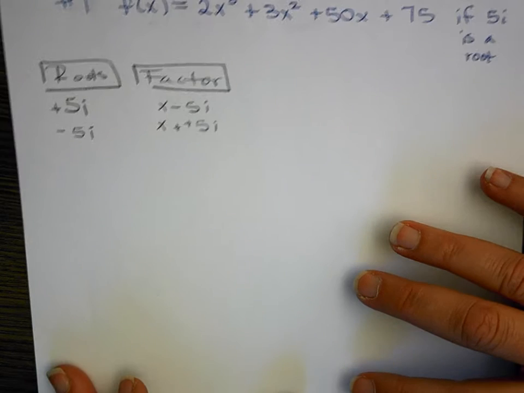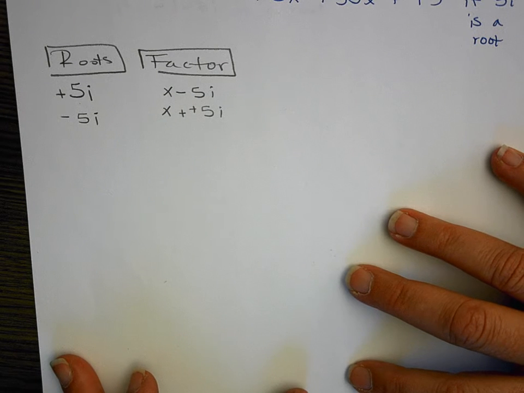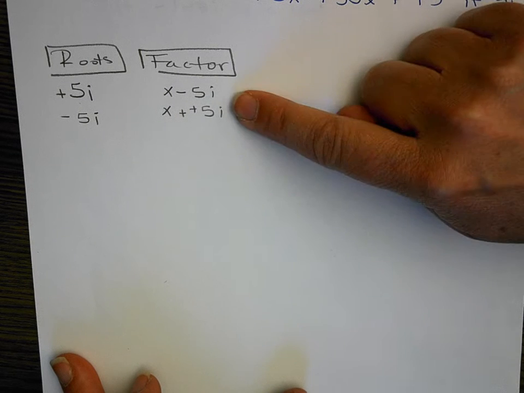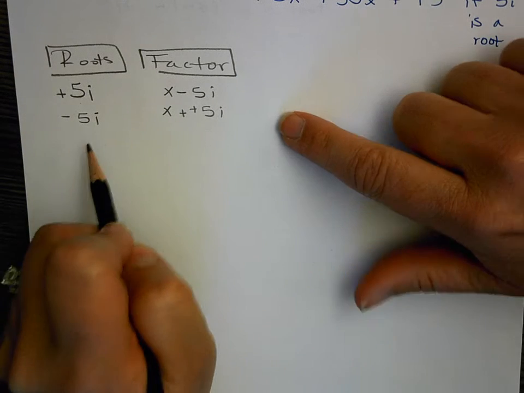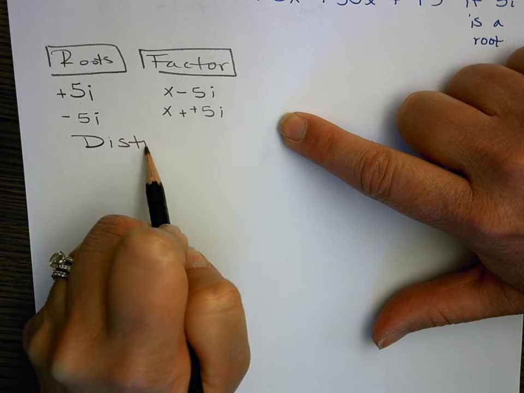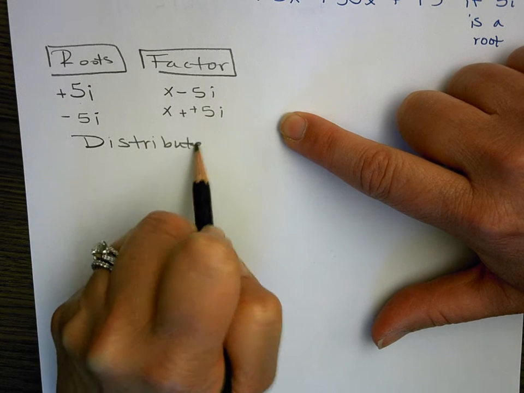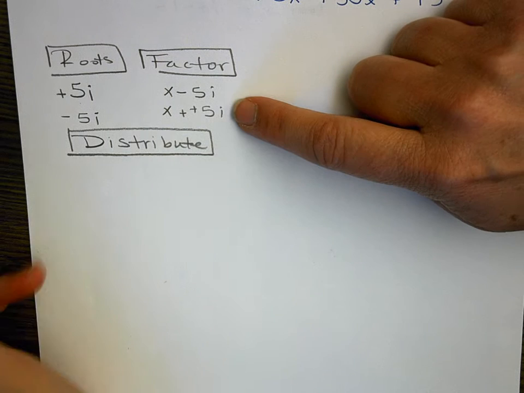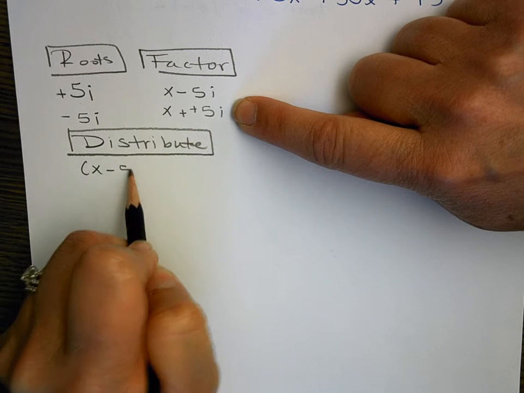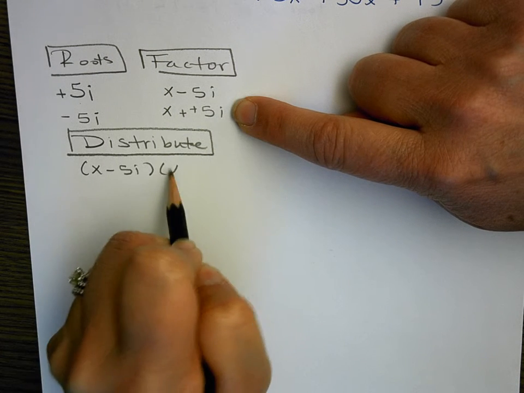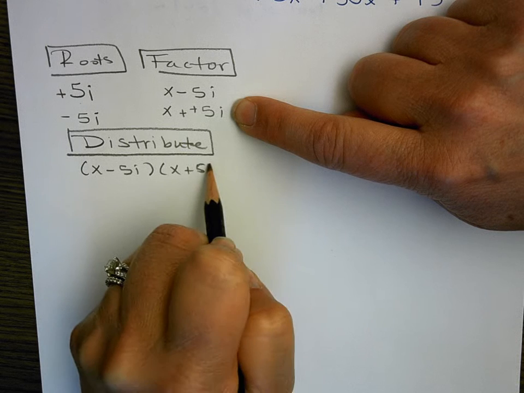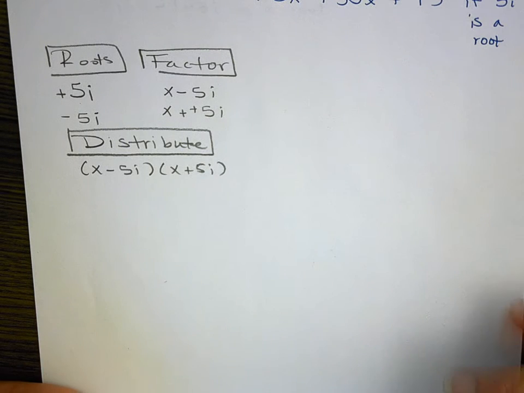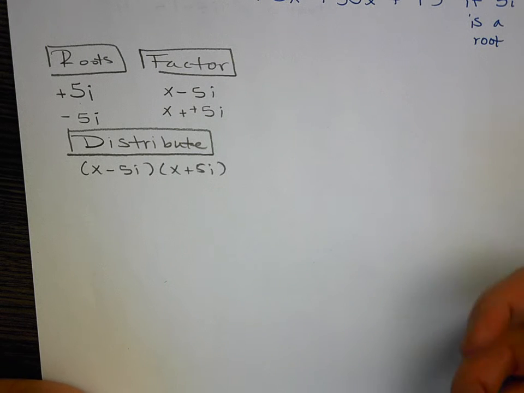So once I get that, I want to distribute that to create a trinomial with integer coefficients instead of imaginary. Okay, so I want to distribute my conjugate pairs. My purpose of doing that is to create some sort of polynomial that does not have the imaginary numbers, right?